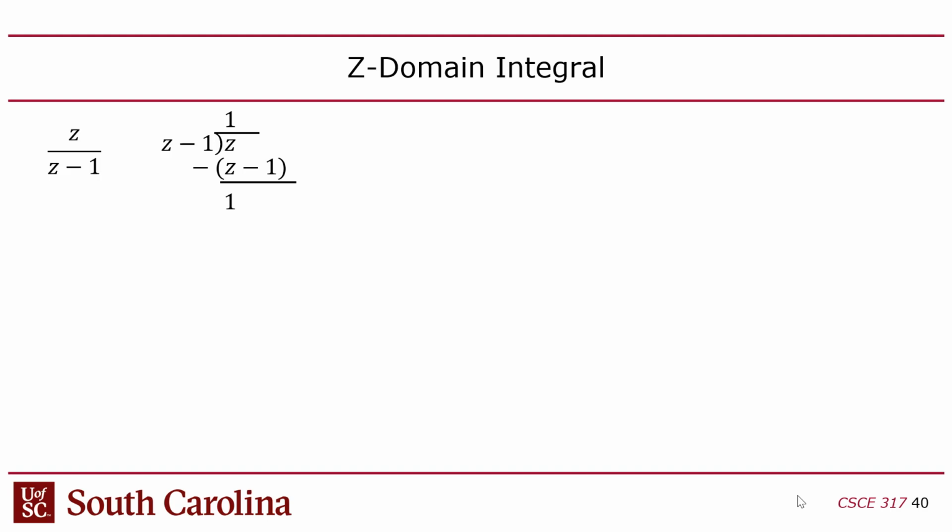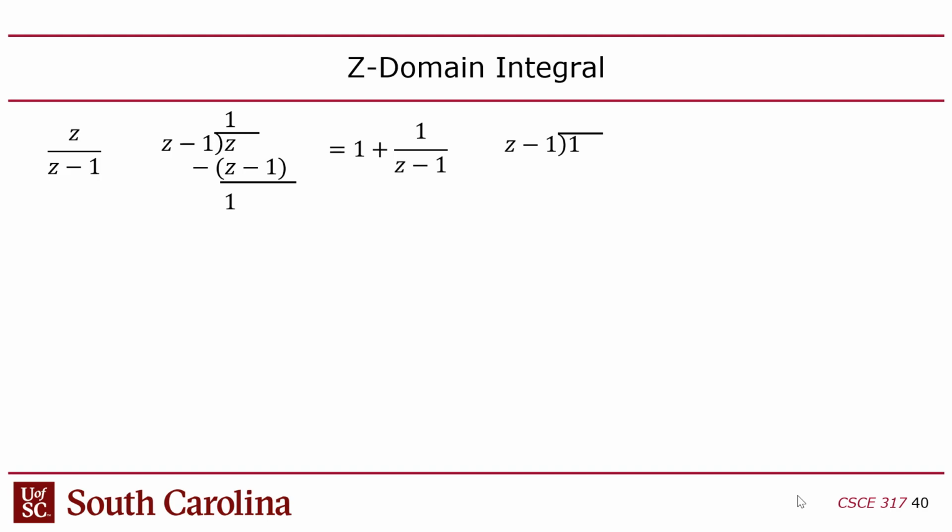I subtract z minus 1, and that gets a remainder of 1. Now if I divide z minus 1 into that remainder again, that gives me just 1 plus 1 over z minus 1.